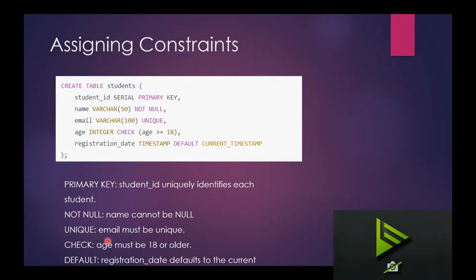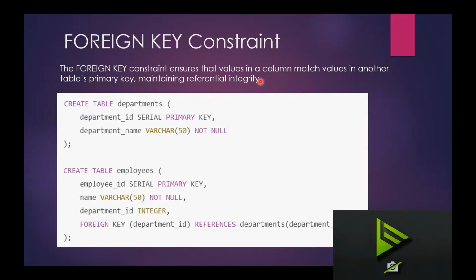So assigning constraints, which we have seen with the error code. The foreign key constraint ensures that the values in a column match values in another table's primary key, maintaining referential integrity. Suppose Ram is going to school at 9 a.m. and sits in a math class. Sam is going to the school at 9 a.m. and sits in the math class.